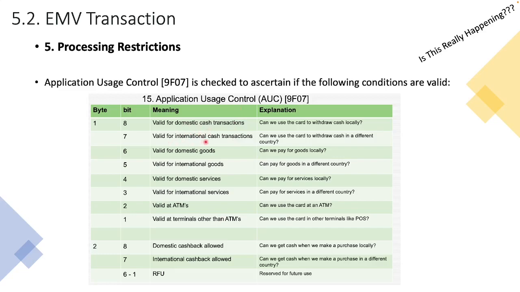Is it valid for international cash transactions? Domestic goods, international goods, domestic services, international services, and may the card be used at ATMs and may it be used at terminals other than ATMs. Okay, and then if you look at byte 2, we talk about domestic and international cashback. So basically, these are the things that we check for. Obviously, you guys are familiar with application usage control because we had covered it in the previous video.